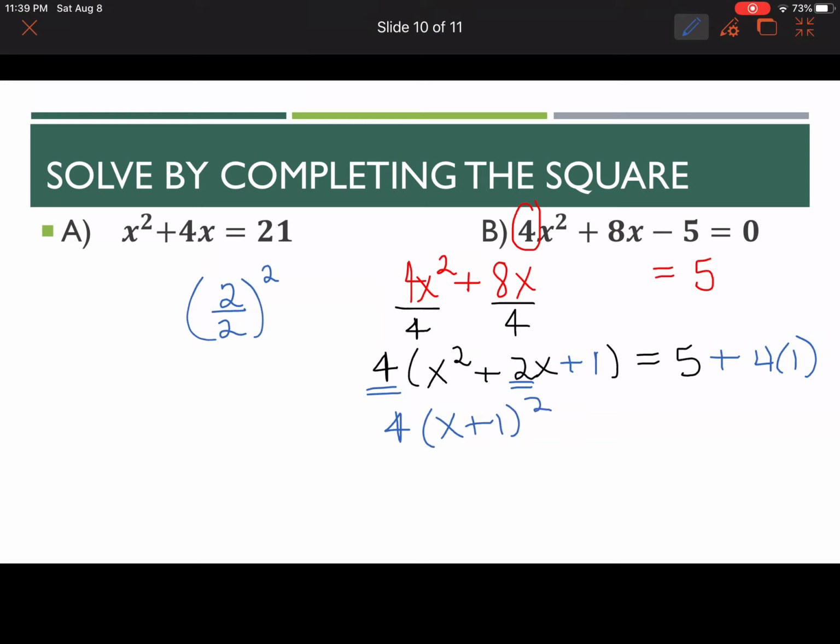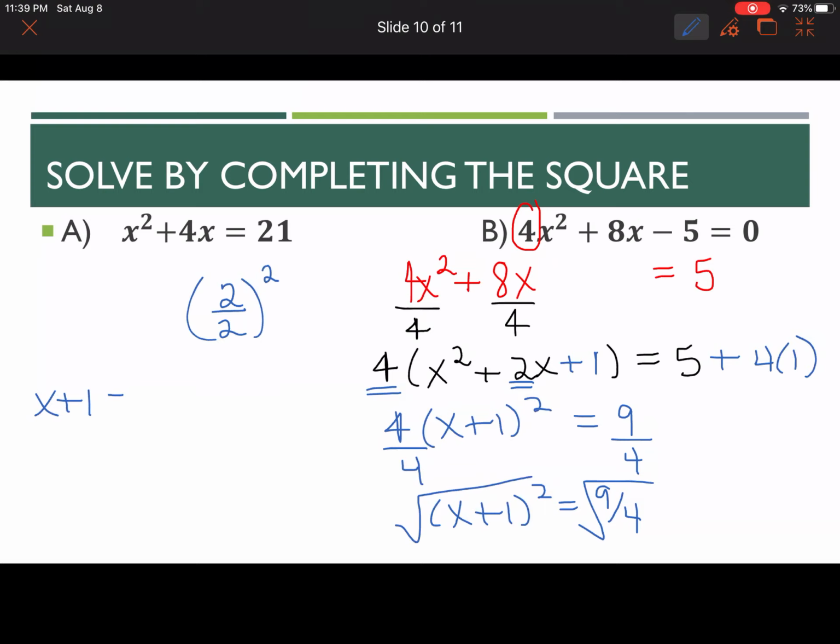This is going to factor down to x plus 1 squared, which equals 9. Then we're going to divide by 4. That gives us x plus 1 squared equals 9 over 4. And now we're going to take the square root.